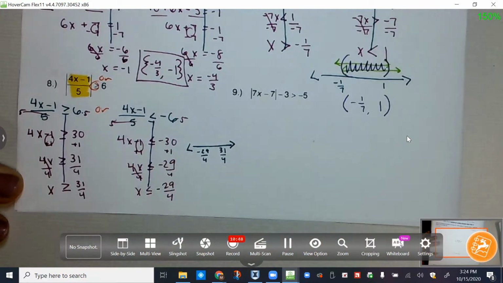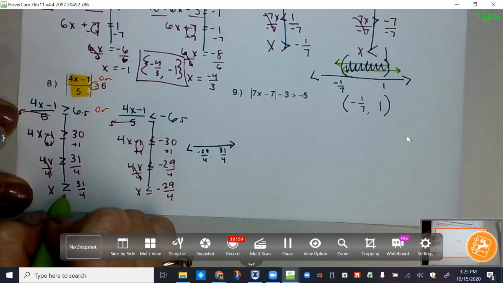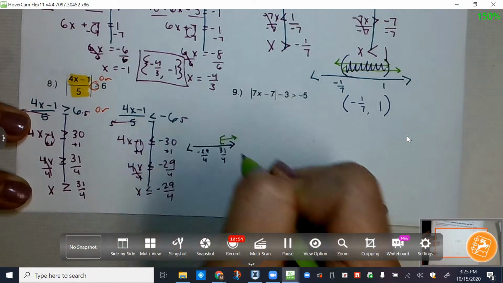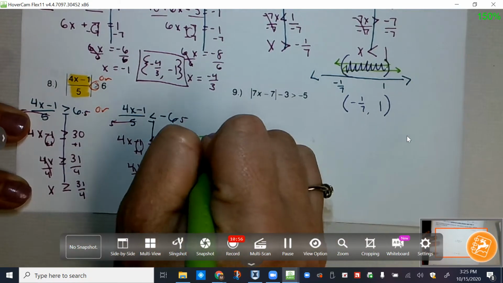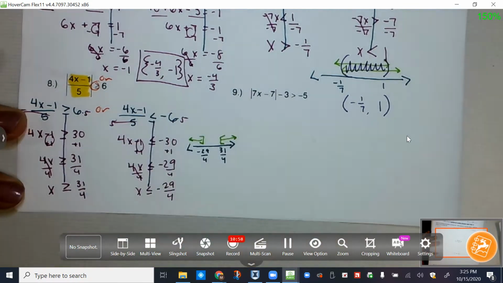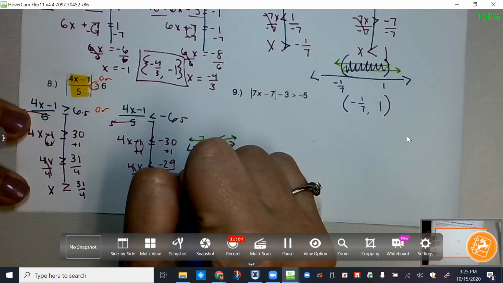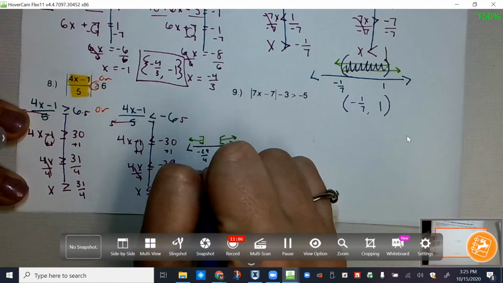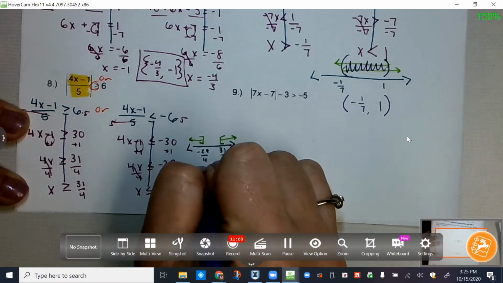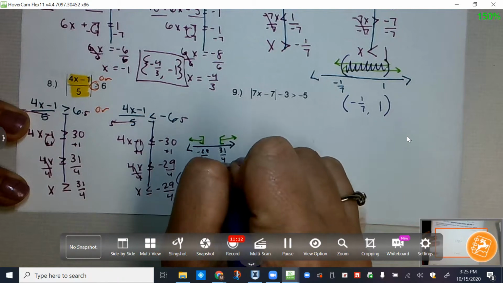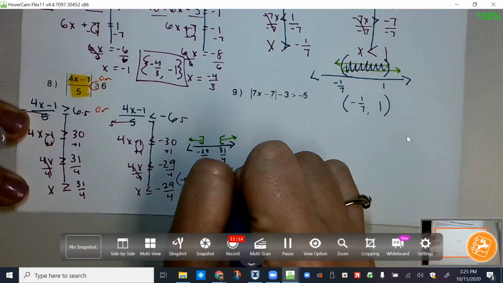So x is greater than or equal to 31 over 4, and x is less than or equal to negative 29 over 4. So all of those are solutions. So it goes from negative infinity to negative 29 over 4. Oops, sorry, that's a bracket. Or 31 over 4 to infinity.